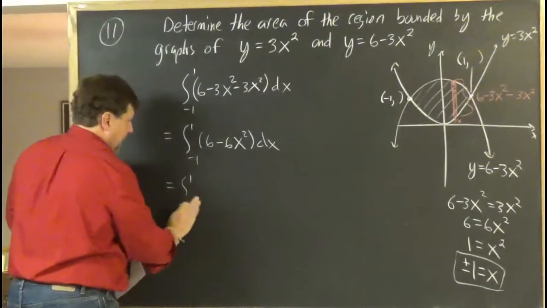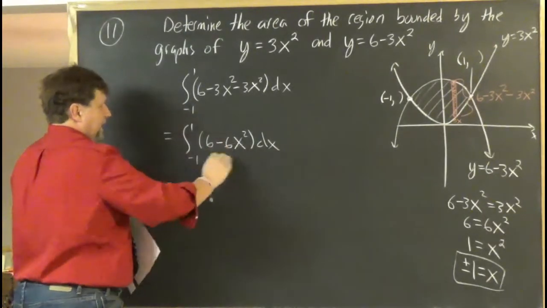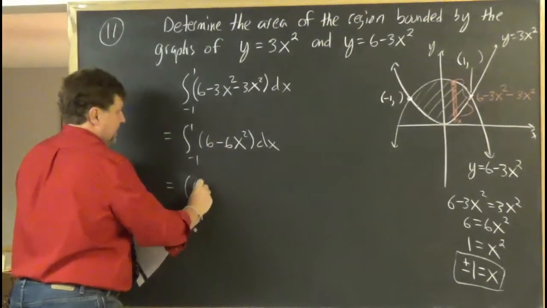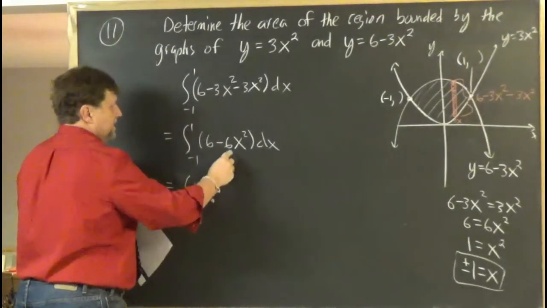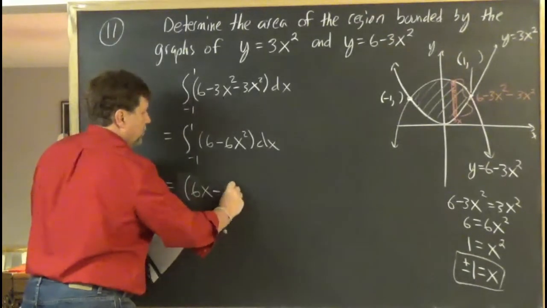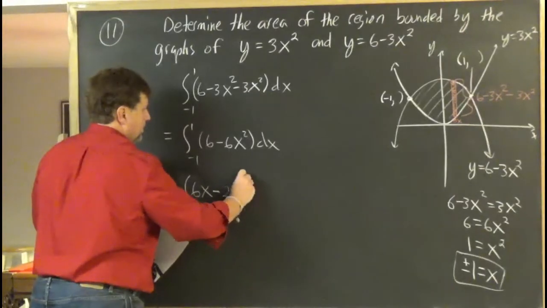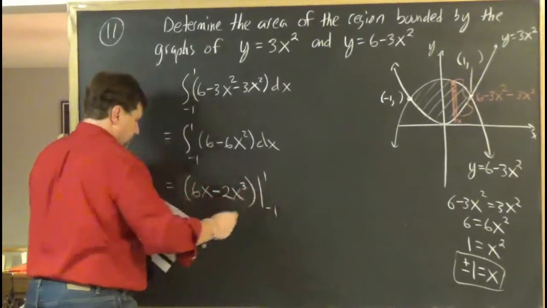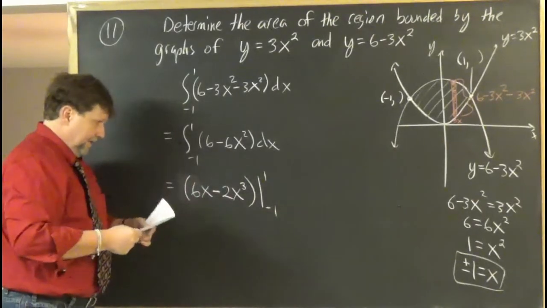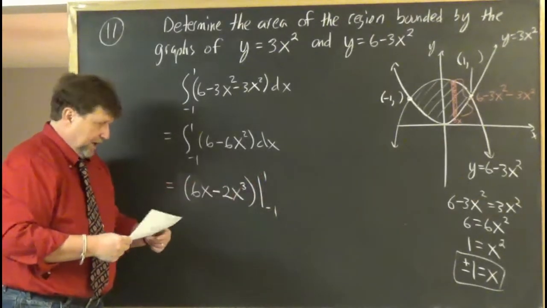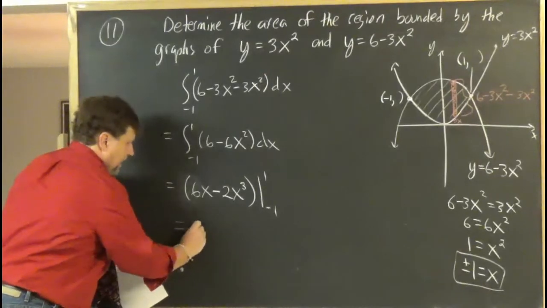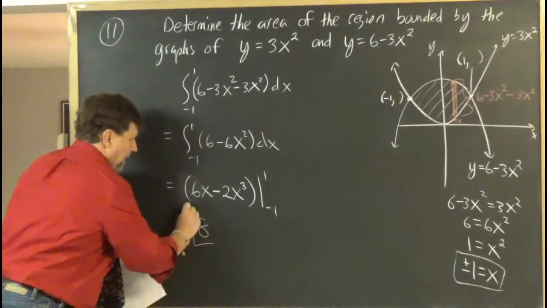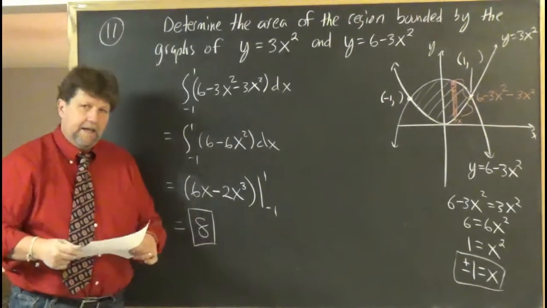The antiderivative is 6x minus 2x cubed, and using the fundamental theorem of calculus, I evaluate that from negative 1 to 1. I end up getting 8 as the area.